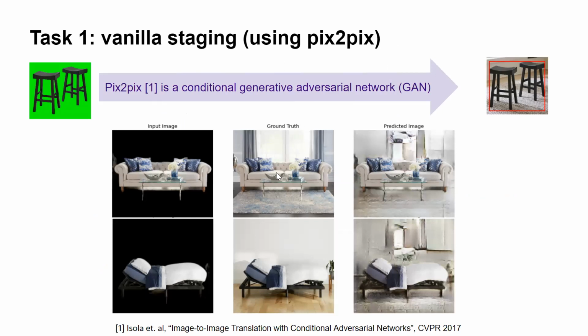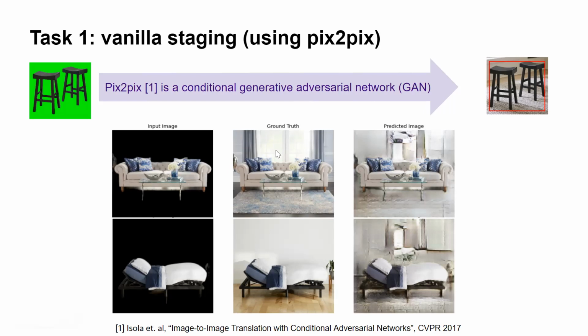There's a sofa in a nice living room. There's a bed in a nicely decorated bedroom. And we took this input image and we stripped off the background to create these images that you see on the left side. So given such an input image, the pix2pix model was trained to generate the background around it.